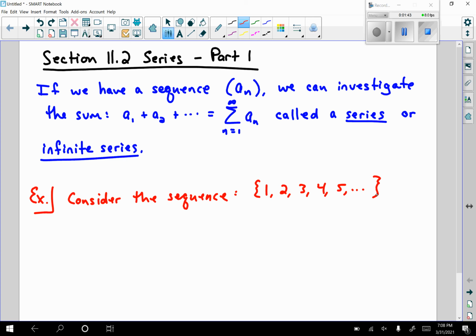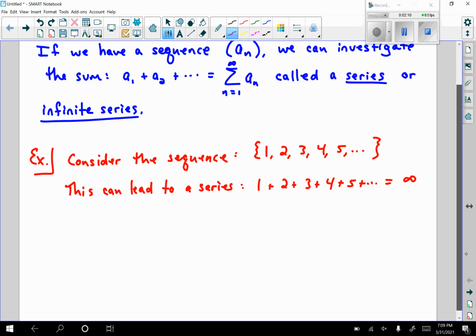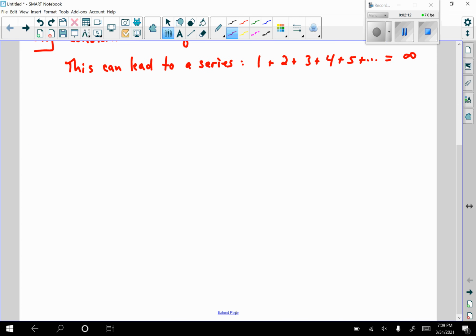This can lead to a series: 1 plus 2 plus 3 plus 4 plus 5, and so on. If we keep adding these terms, it's just going to keep increasing without bounds, so it will lead to infinity. So now arises this question: is it possible to add an infinite number of terms and get a finite number?